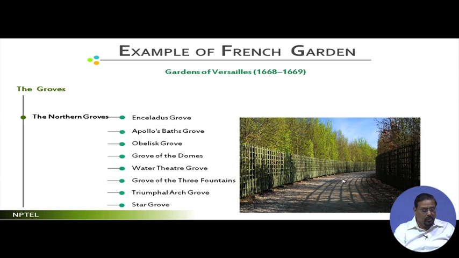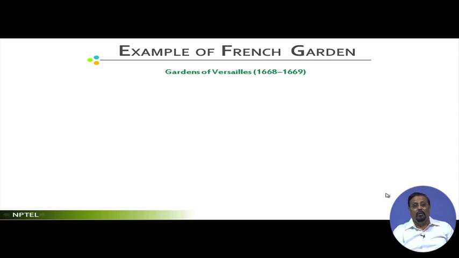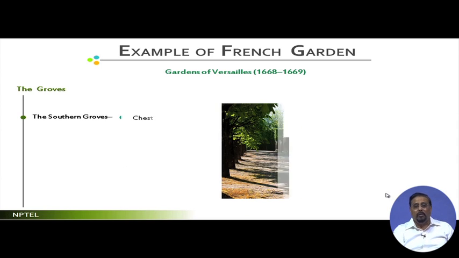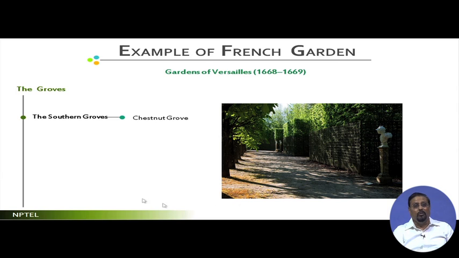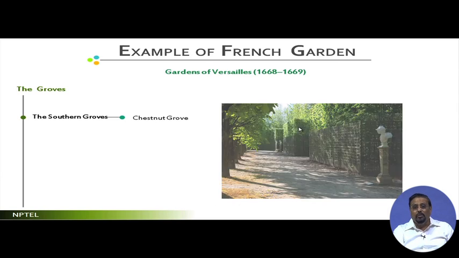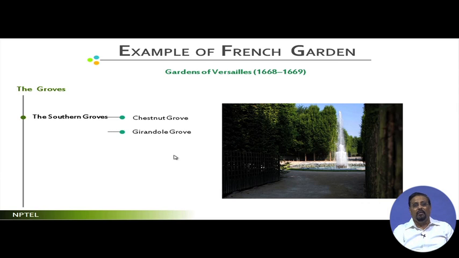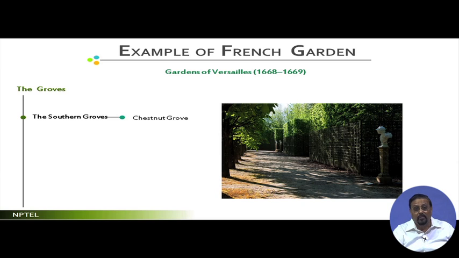So all these are the examples that we saw. Even the star groves. The southern groves, that was the northern one. The southern groves are the chestnut groves, then the girandole groves. I think I should hold the picture a little longer, maybe you are missing it.